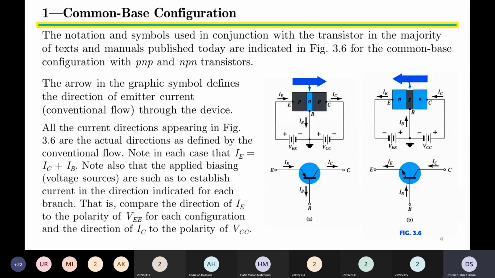Similar discussion is presented for the case of collector current. That is, the voltage VCC is connected in such a direction that it allows a current IC to flow.